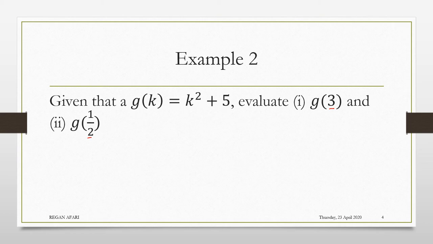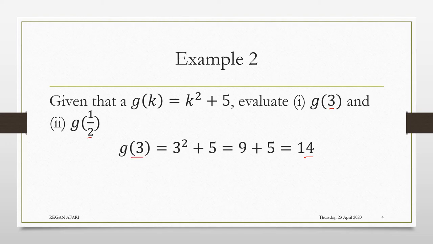So let's see the solution to g(3). We are told that the input is 3, so we put 3 in place of k. It's k squared, so we put the 3 there and square it as well. So 3 squared gives us 9, plus 5, giving 14. So an input of 3 gives you an output of 14.